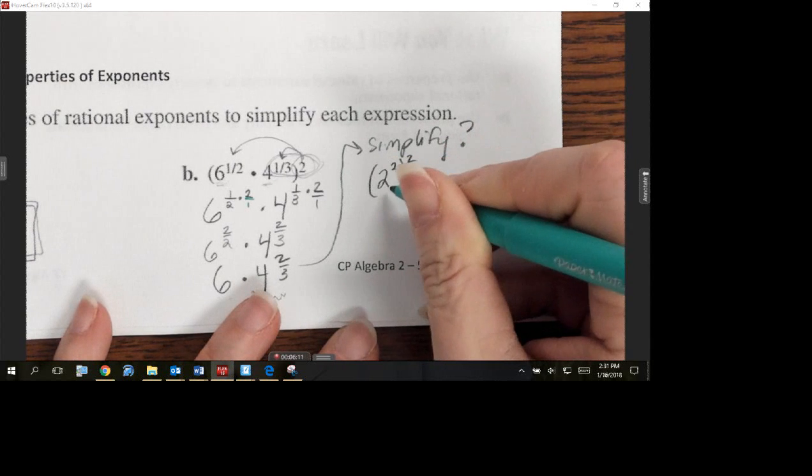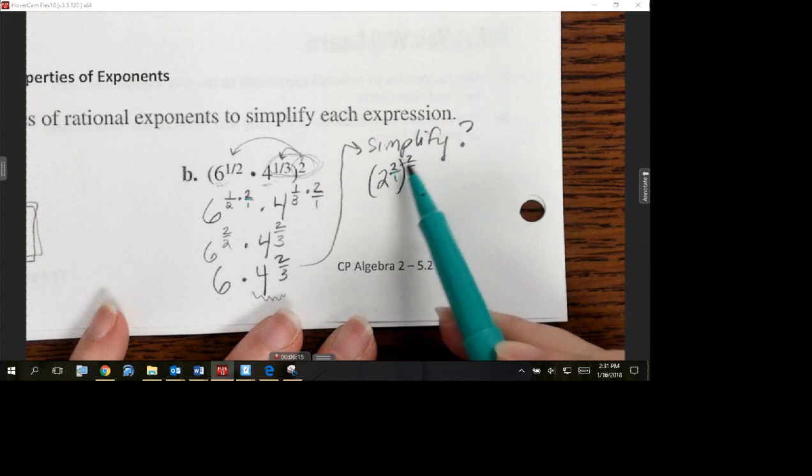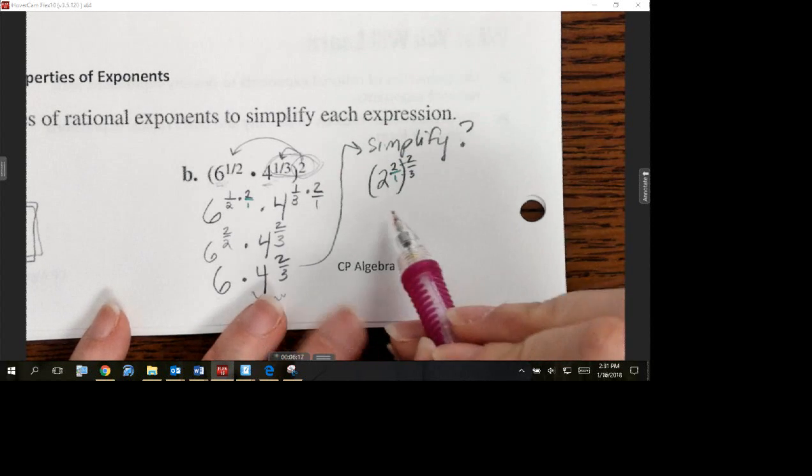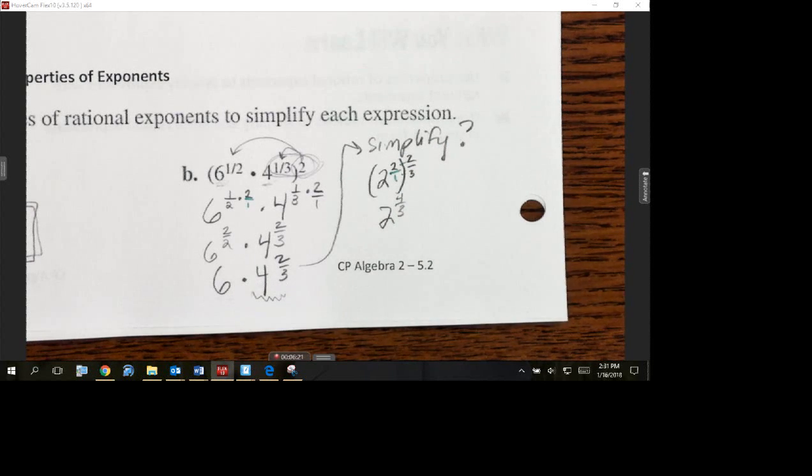Okay, so I just made 4 into 2 squared, and then I'm going to put 2/1. I'm going to multiply my fractions, and I'm going to get 2 to the 4/3. Does 4/3 reduce? No. So 4 to the 2/3 didn't reduce either. But it could in the future.